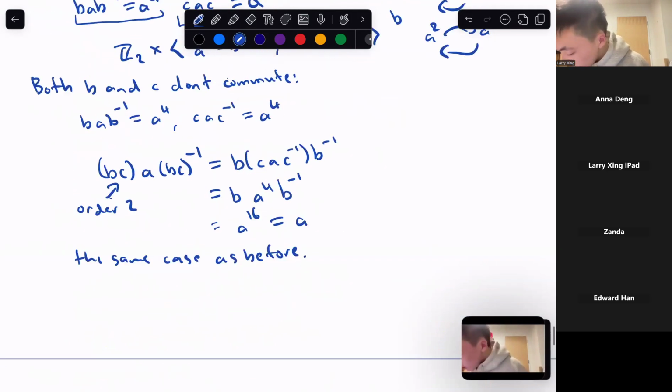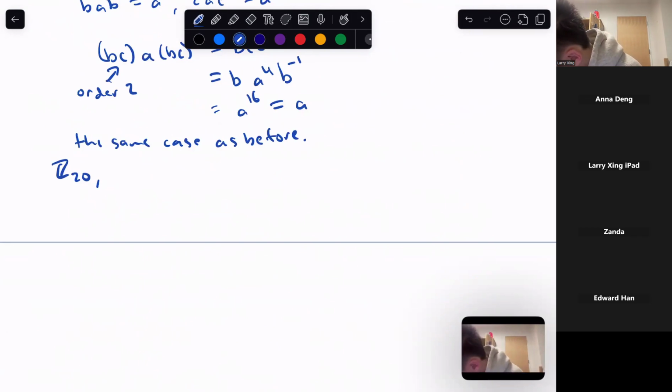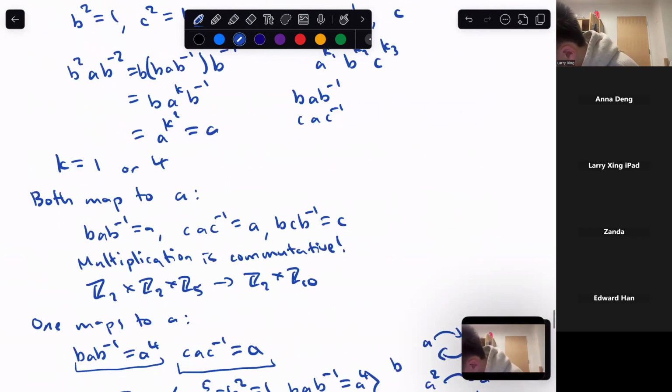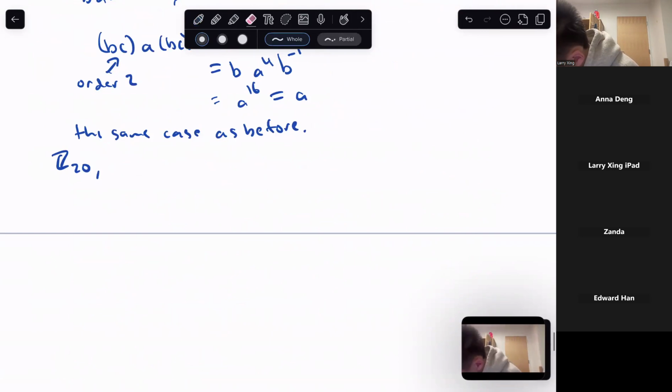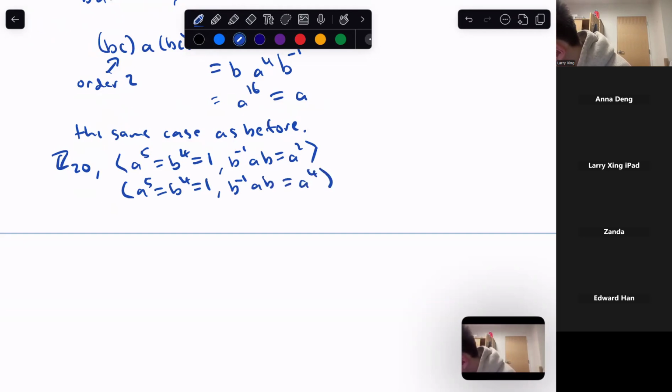So we have Z20, we have the semi-direct product of this, where your multiplication is defined by A squared. And then you have another one similarly, which is A to the 5 equals A to the 4 equals 1, B negative 1 A B equals A to the 4.